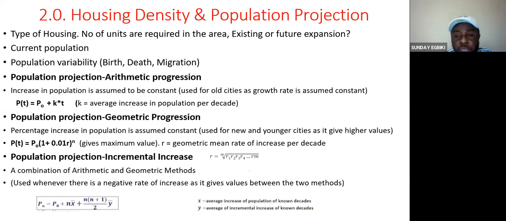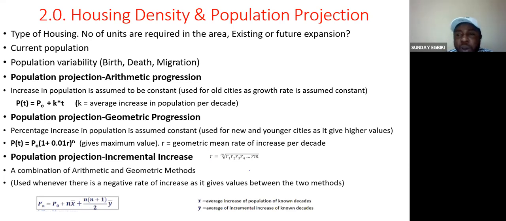But when you get the current population of the area where you want to design your water distribution system, the question is, is that population going to be stagnant throughout the design period? Has the population been constant since that community has been in existence?